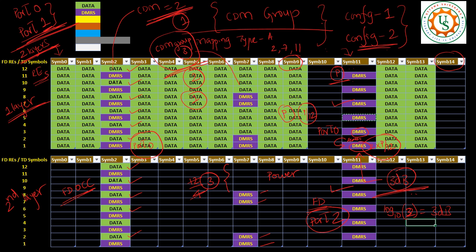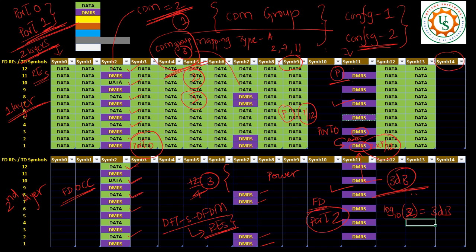I'm just thinking of the other items which I can mention. Another important aspect is DFT-s-OFDM, right? What is the important criterion for DFT-s-OFDM? The allocation of REs or RBs should be continuous, right? So if you are going for CDM group number 1, you see that the data occupies alternate REs.